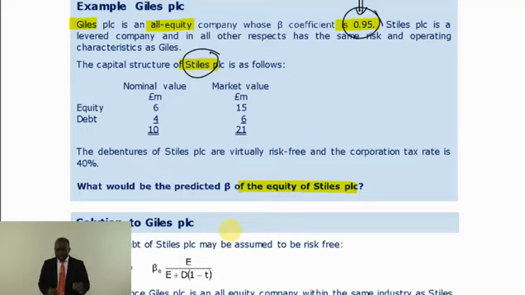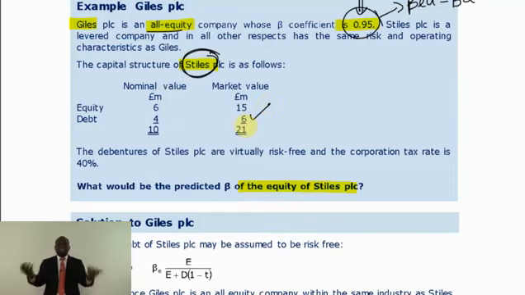Okay, so now be with me. They've given me the beta of a company that is all equity. That tells me that this beta is an ungeared beta. Equity beta ungeared, which is also called the asset beta. But this company Styles is a geared company because it is having debt.